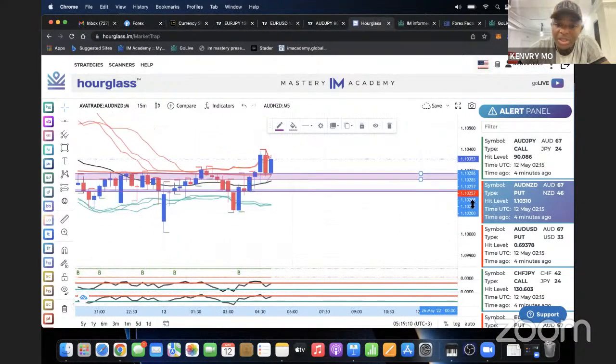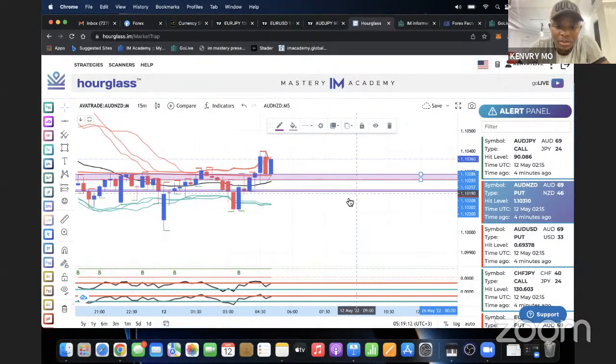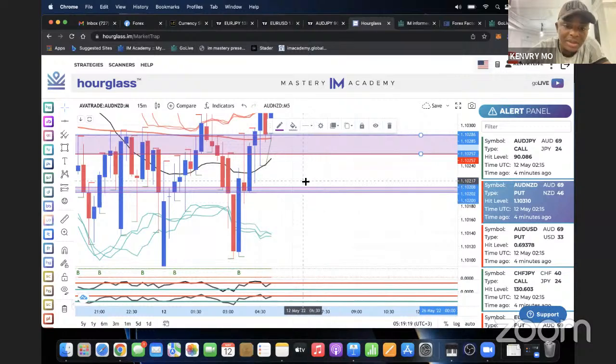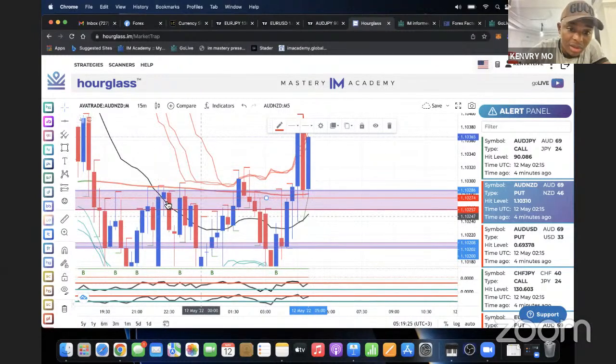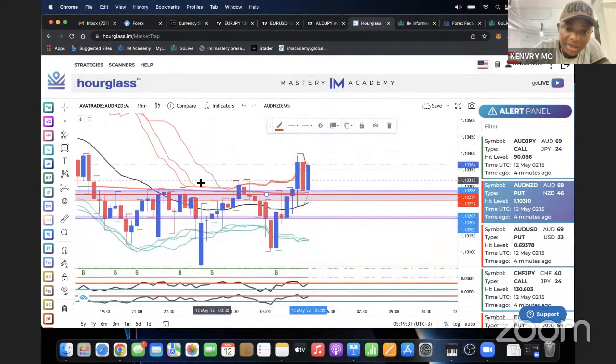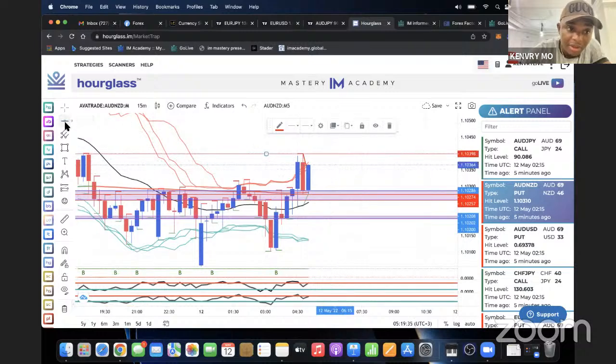So for me, these are the two strongest areas based on where price is right now. If I want to mark the 15 minutes time frame, it's still the same thing, ceiling and floor. It still falls within this area. So this is the floor, and this is the ceiling. I'm just doing basic charting right now.